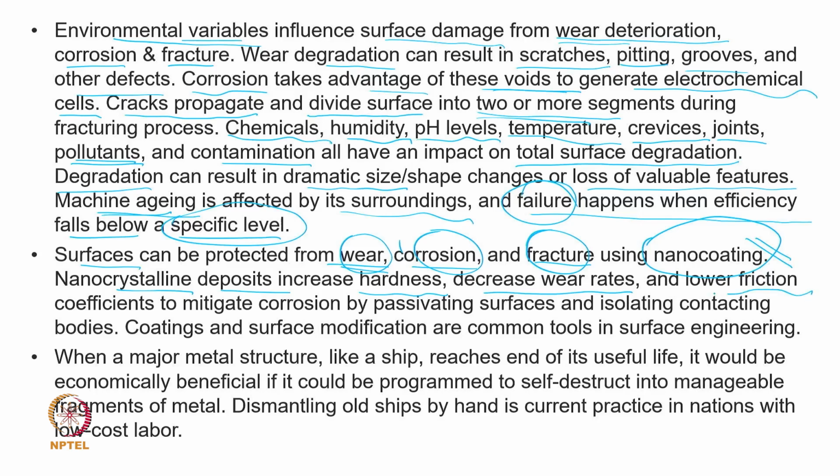And in addition, if the nano coating has low friction, most of the things will be subsurface, it will not come to the surface, and it will not expose the new surface to the corrosive environment. So, the life will be extended. So, this is what we say, that they help to mitigate corrosion by passivating the surfaces and isolating the contacting bodies.